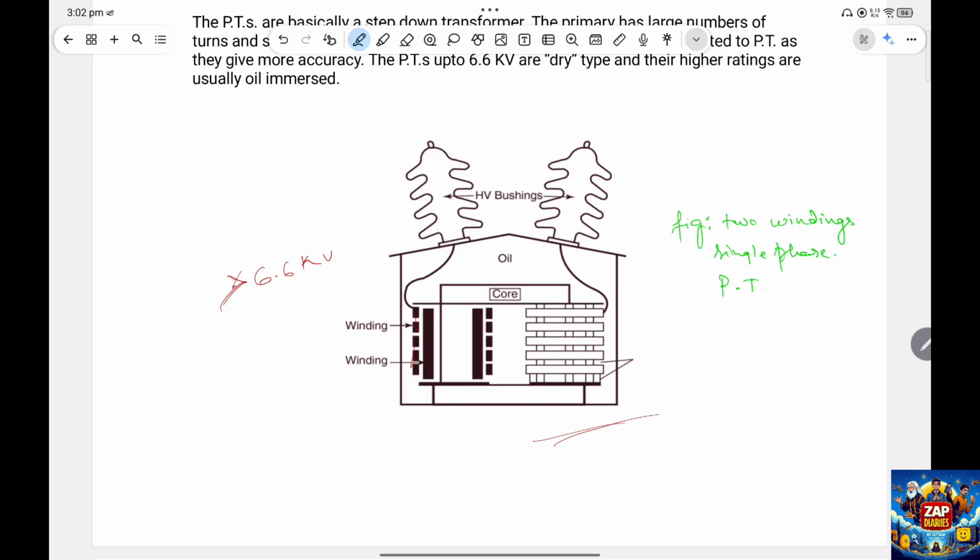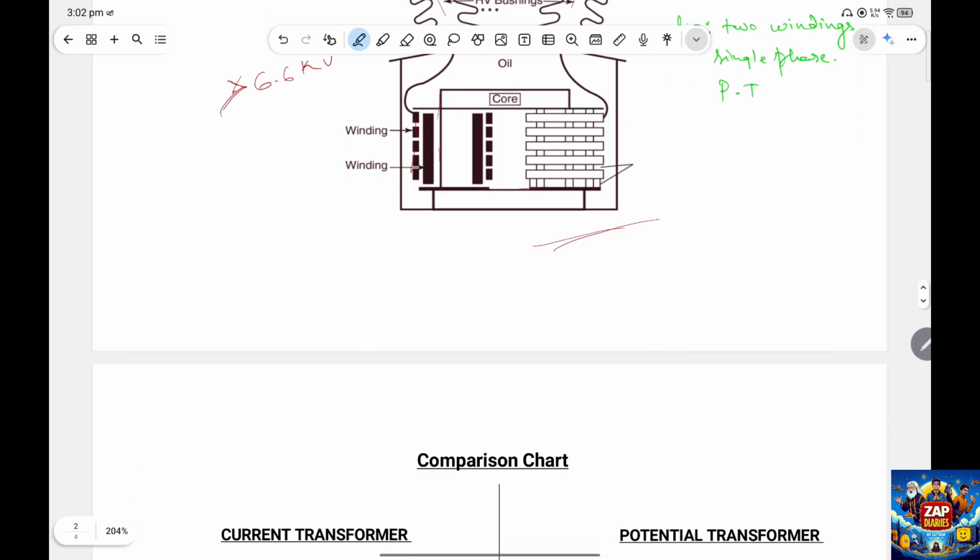This is an example of a more than 6.6 kV transformer, and here we have the core, and the oil stays above the core to cool it. And here we have the high voltage bushings and all.